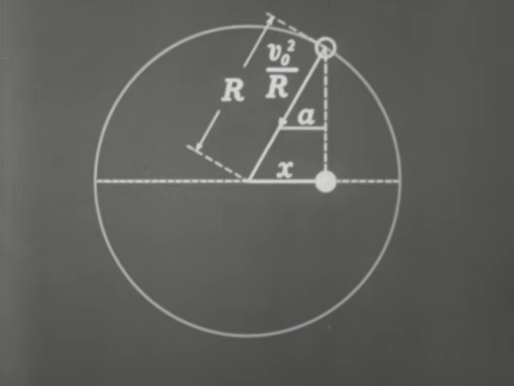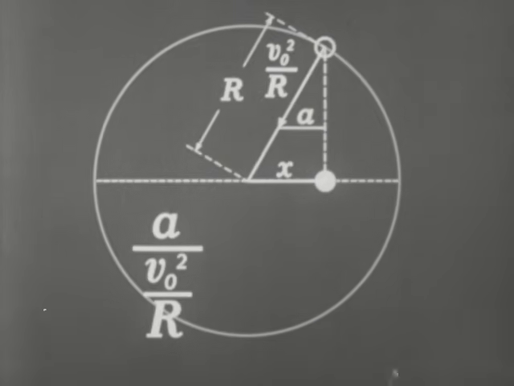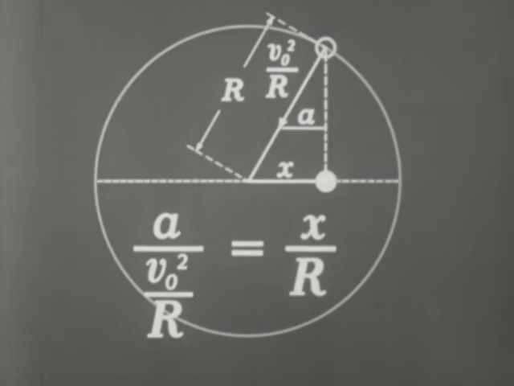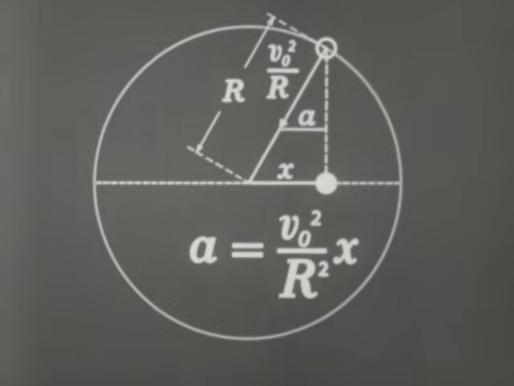Therefore, the simple harmonic acceleration a is to the centripetal acceleration of the revolving point, V sub 0 squared over r, as x is to r. Rewriting this equation, we find that a equals V sub 0 squared over r squared times x.